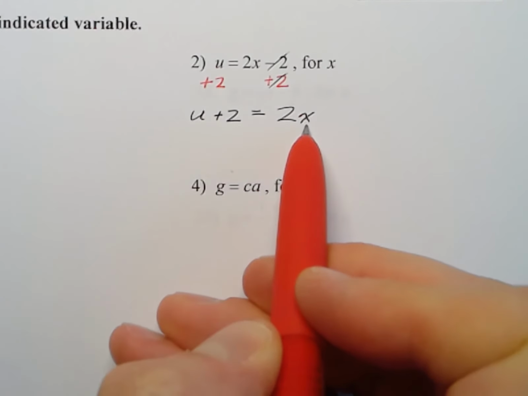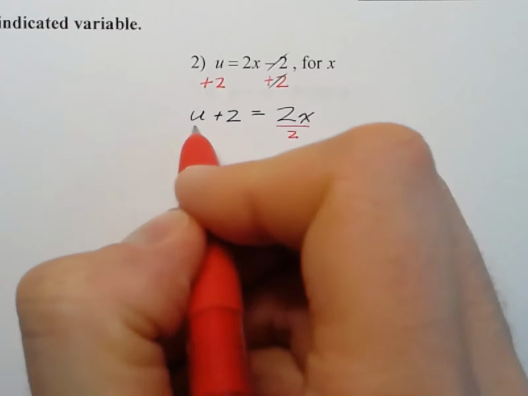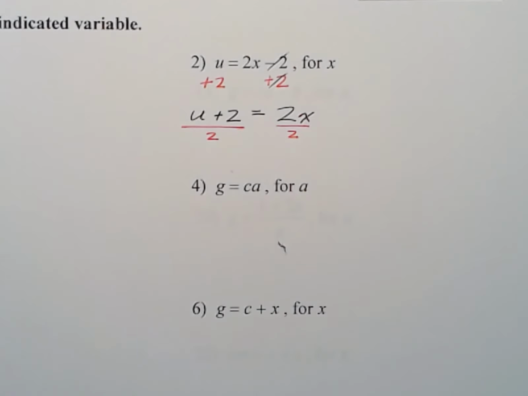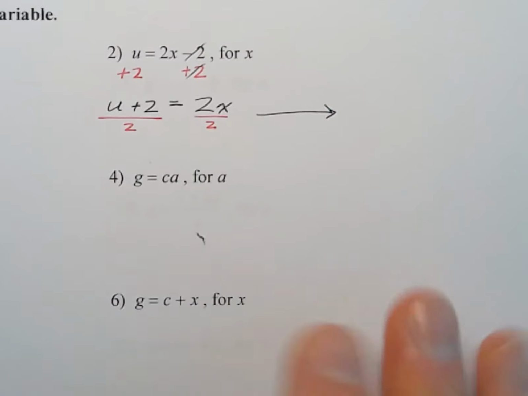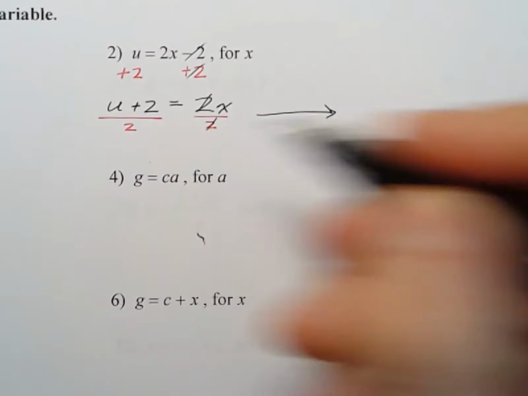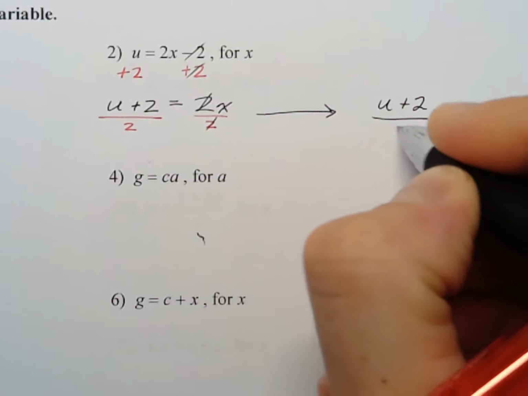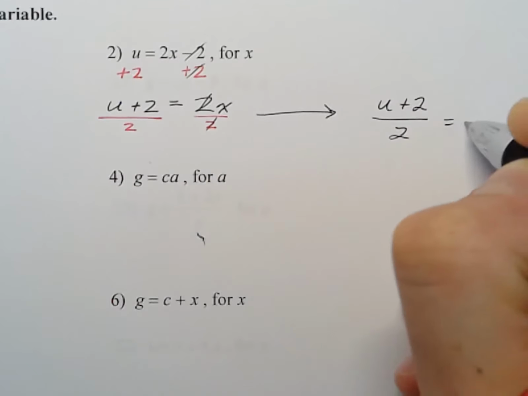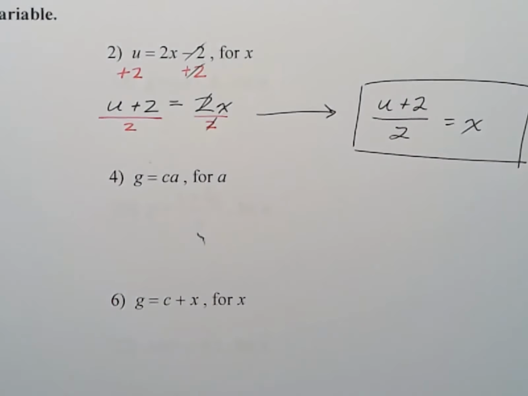We don't care. We want to solve for this x. So x is being multiplied by 2, so we can divide by 2. And then because those now cancel, we get (u plus 2) over 2 equals x. Cool.